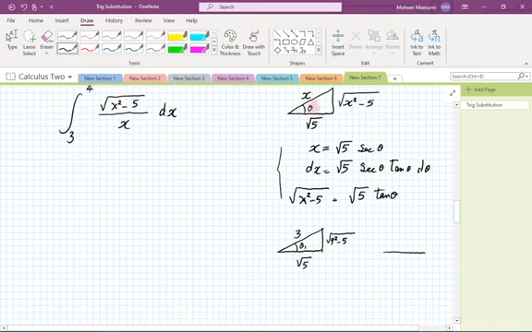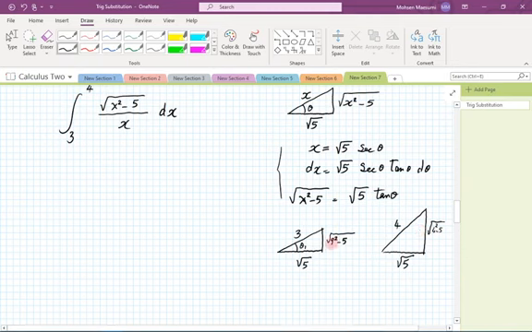This angle increases until x goes from 3 to 4. So now x has become bigger. X is equal to 4. This is still radical 5. By now, this third side has become the square root of 4 squared minus 5.